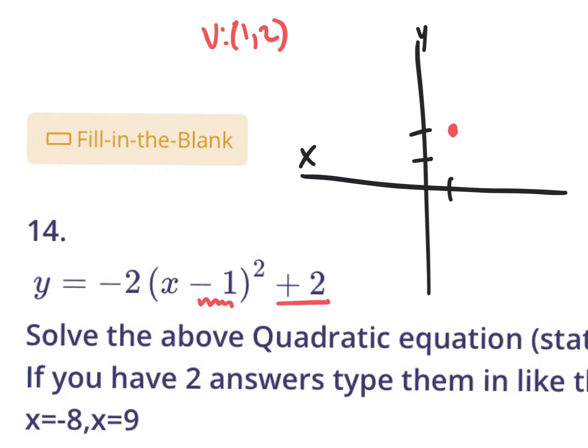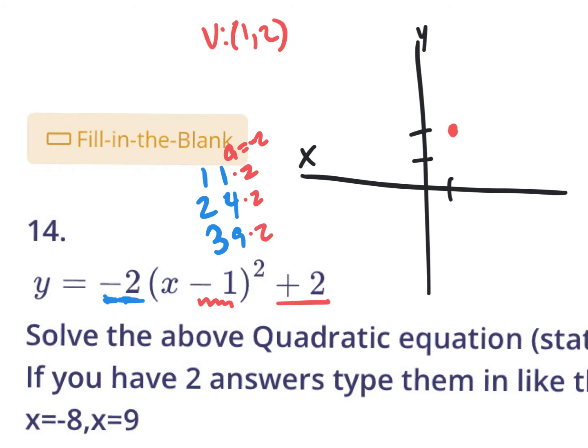It opens down because I know that my a value is negative. And it's negative 2, which means I can't really use the pattern 1, 1, 2, 4, 3, 9 as is. What would I have to do? Multiply by that new a value of 2, or negative 2, whatever you want to call it. As long as you remember that it's opening down, you don't have to put a negative. You could just put a 2. Just remember that it's opening down.